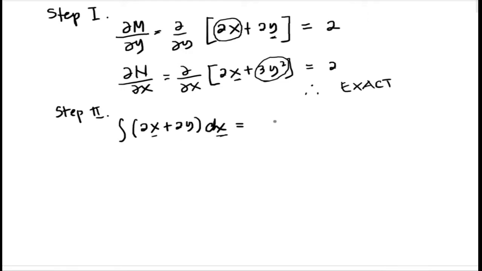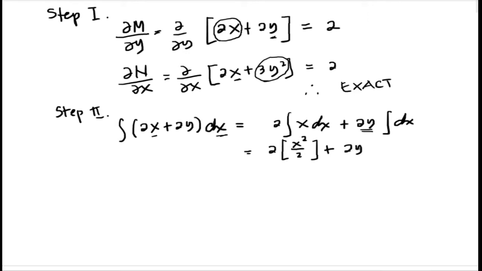So we have 2 integral of x dx plus 2y integral of dx. 2y here is constant. Then integrate: that is 2x squared over 2 plus 2y times the integral of dx, which is x. And then cancel 2. So we have x squared plus 2xy.